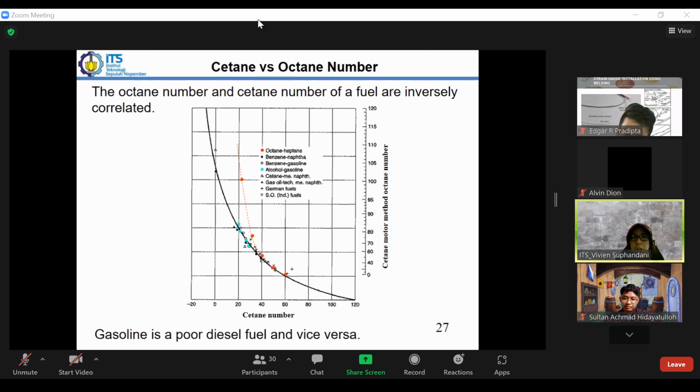If we have a high cetane number fuel, that will have a low octane number. That means we cannot change the fuel.